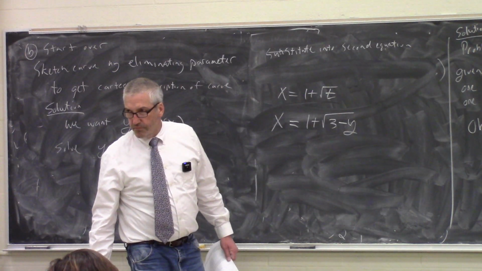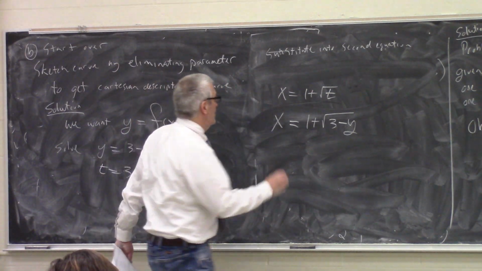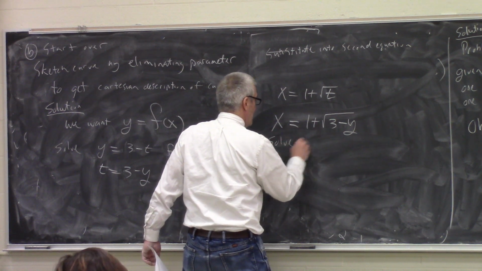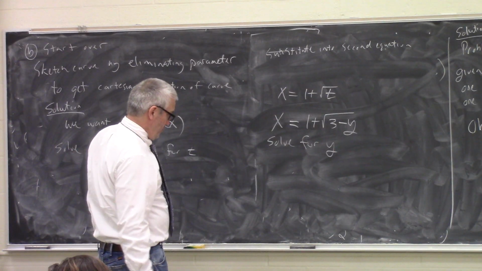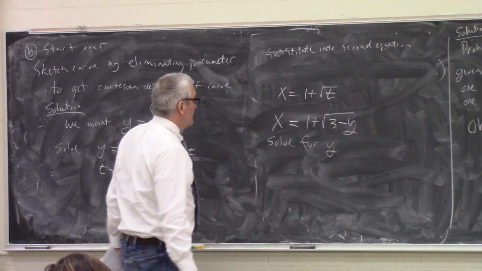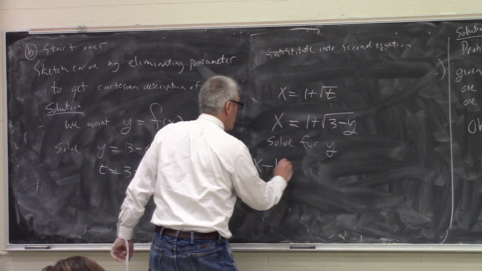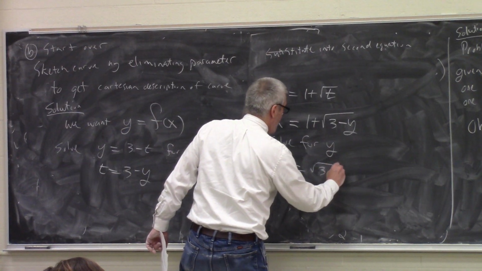Okay, we want to solve this for y, right? So x minus 1 would be square root of 3 minus y.